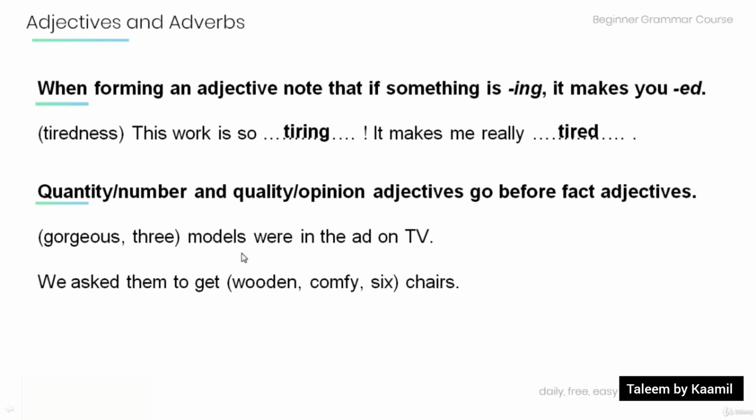Gorgeous, 3 models were in the ad on TV. 3 gorgeous models were in the ad on TV. We asked them to get wooden, comfy 6 chairs. We asked them to get 6 comfy wooden chairs.